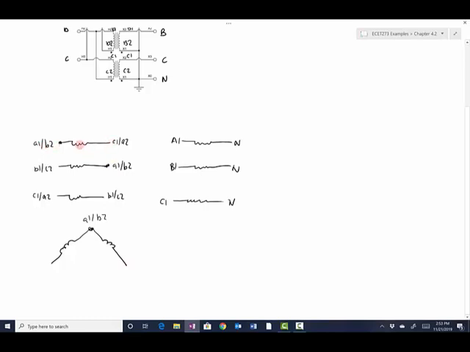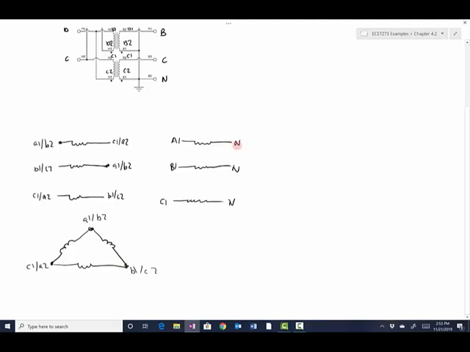This coil here is this here, so that means this node here is C1, A2. And this coil here is this coil here, so that means this node here is B1, C2. And that leaves the coil that connects from B1, C2 to C1, A2. That goes right there. So I can see that the primary side is a delta configuration.